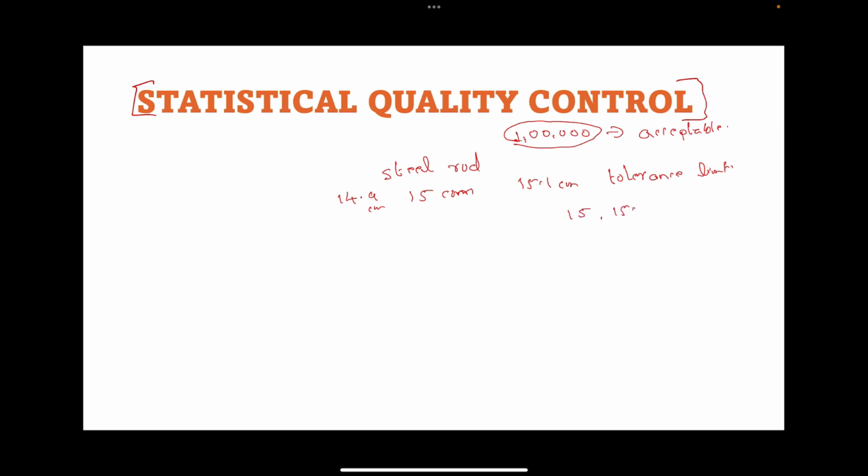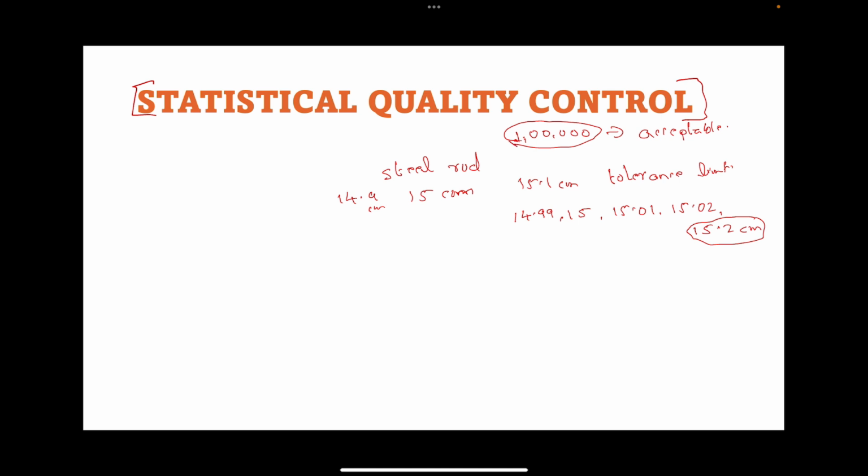It can be 15.01, 15.02, similarly 14.99, like that, because the machine cannot be 100% accurate. There can be slight variation. But if you are manufacturing up to 15.2 centimeter steel rod, this is not acceptable by the customer. That leads to the rejection of your material, of your product.